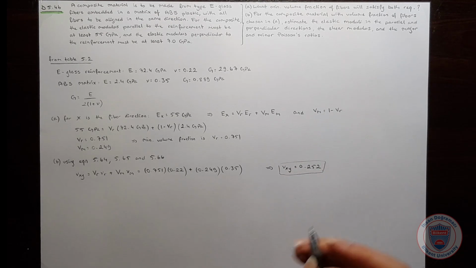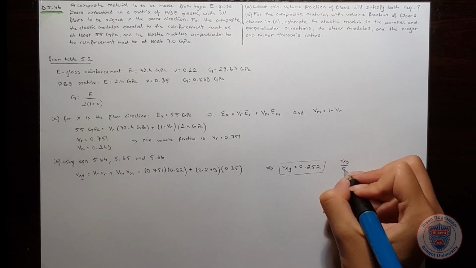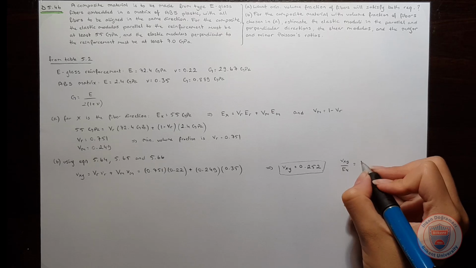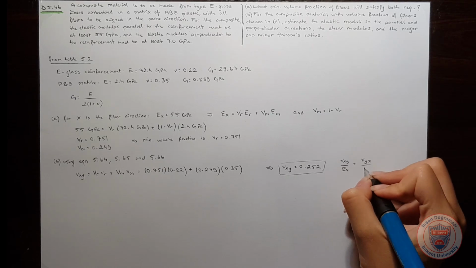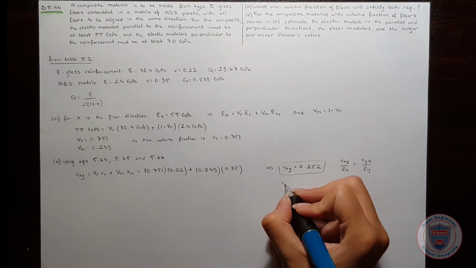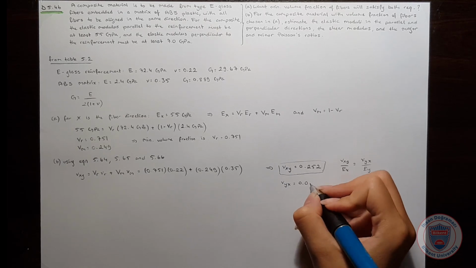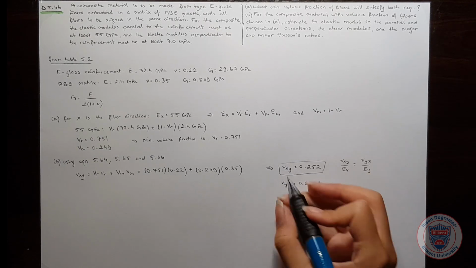We know that nu xy over ex is equal to nu yx over ey. So we can compute also nu yx as 0.0402.